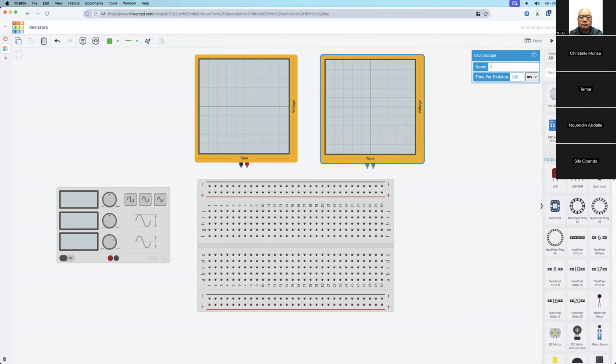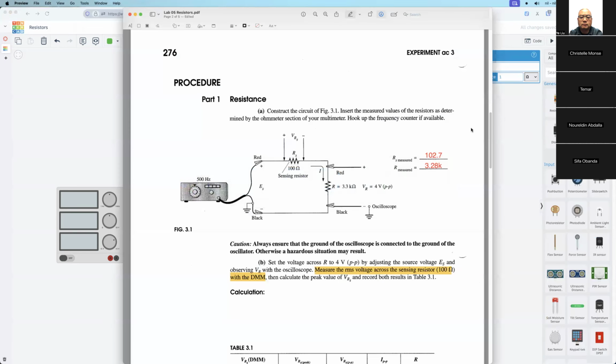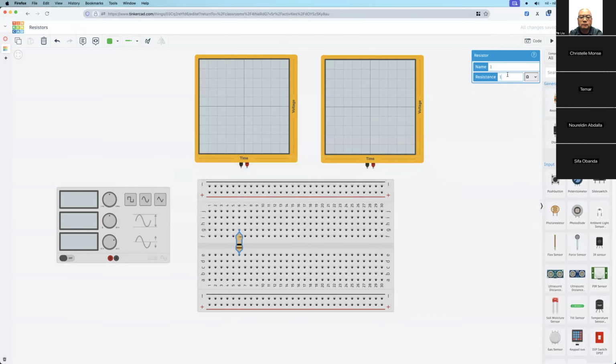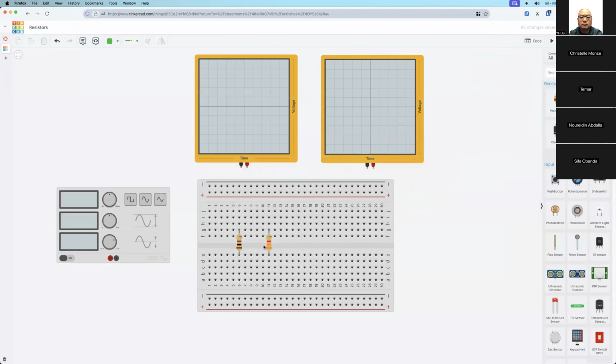Last, the resistors. The first one is 100 ohm. We need to change it to 102.7. Then the other one is 3.3, so we need to change it to 3.28. Okay, let me rotate this one.